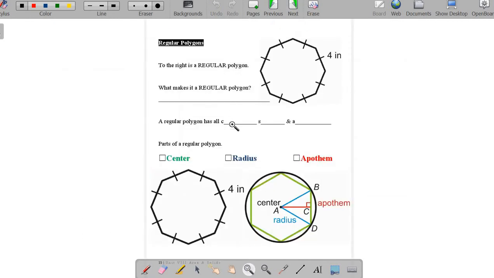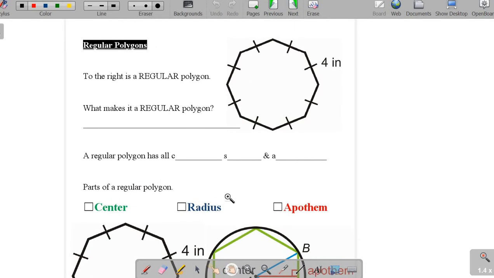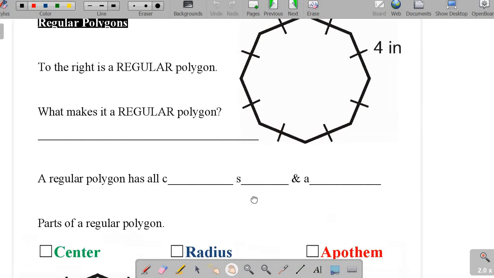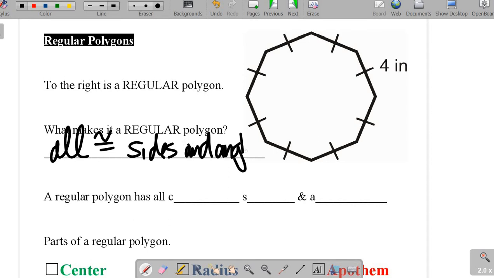Now a regular polygon. Let me just recap the definition of a regular polygon. A regular polygon is all congruent sides and angles.